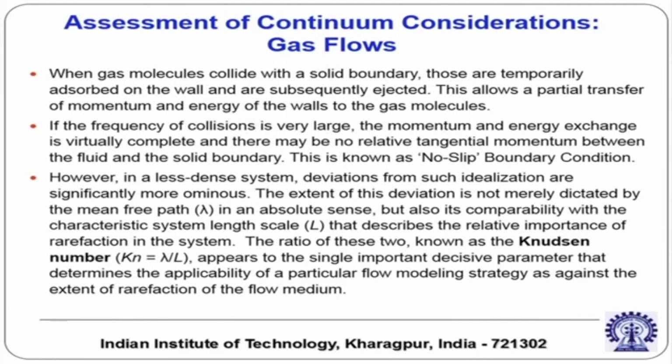So, in a smaller scale system the effect of rarefaction is magnified because of the reduction in the length scale, and that makes infrequent collisions more likely for gases in a micro or nano confined system than for gases in confinements of larger dimensions.